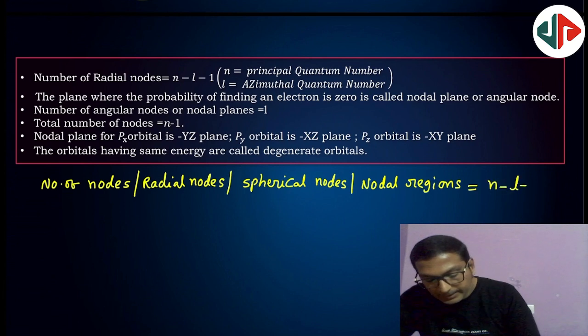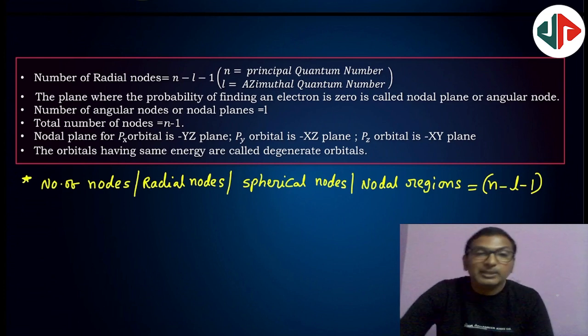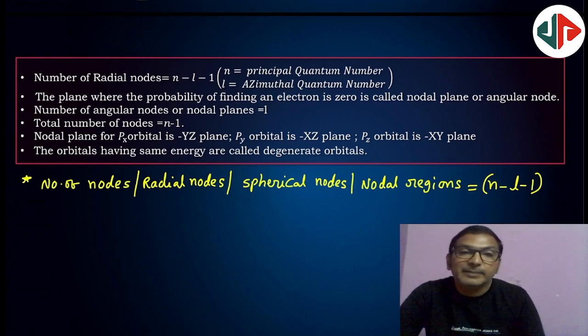N minus L minus 1. Very, very important. Number of nodes, number of radial nodes, number of spherical nodes, number of nodal regions, all are similar. N minus L minus 1. N is principal quantum number, you know. L is azimuthal quantum number minus 1.